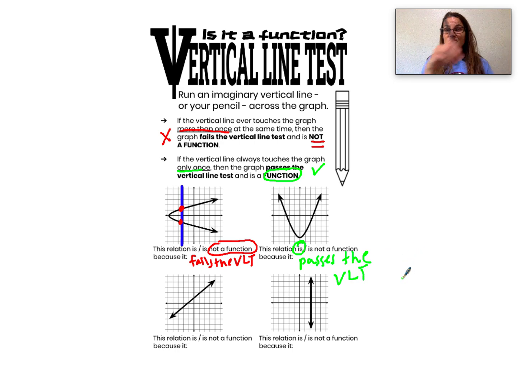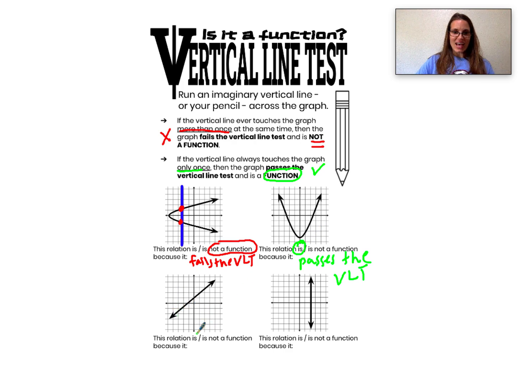So being able to draw a vertical line that intersects it more than once is a fail. It's not a function. No vertical line, we passed the test, yes, that's a function. Think about why that is. Passing the vertical line test means that for every x value, every possible x value, there's only one y value. There's no place on the graph that a given x has more than one possible y.